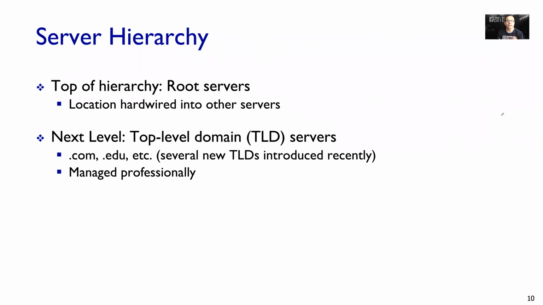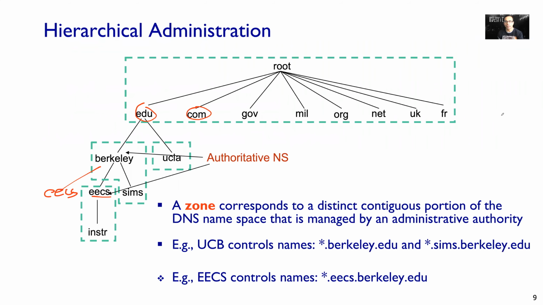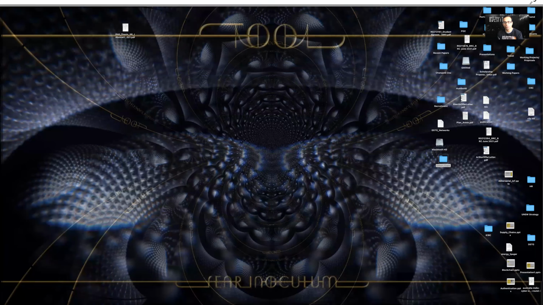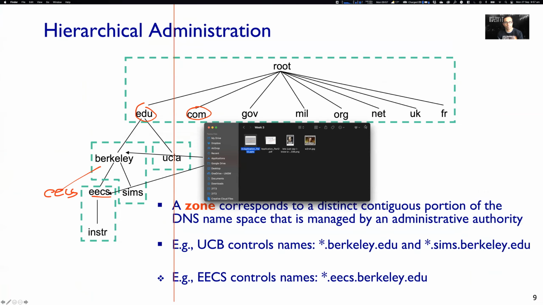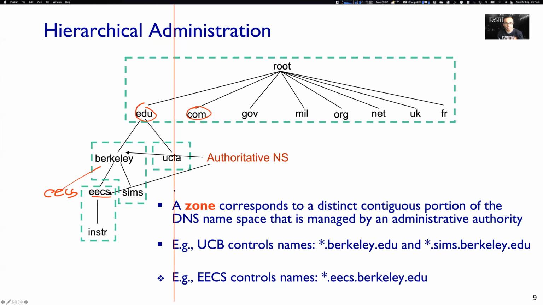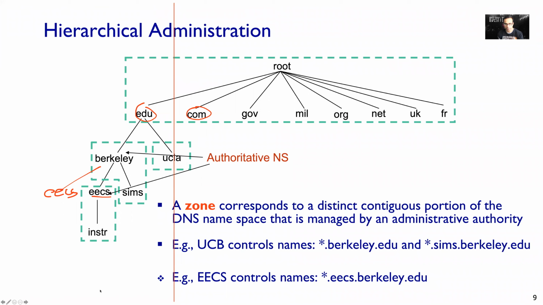So the hierarchy actually starts at the root. We kind of missed the root here, but if you look up any domain, there's actually a final dot at the end.